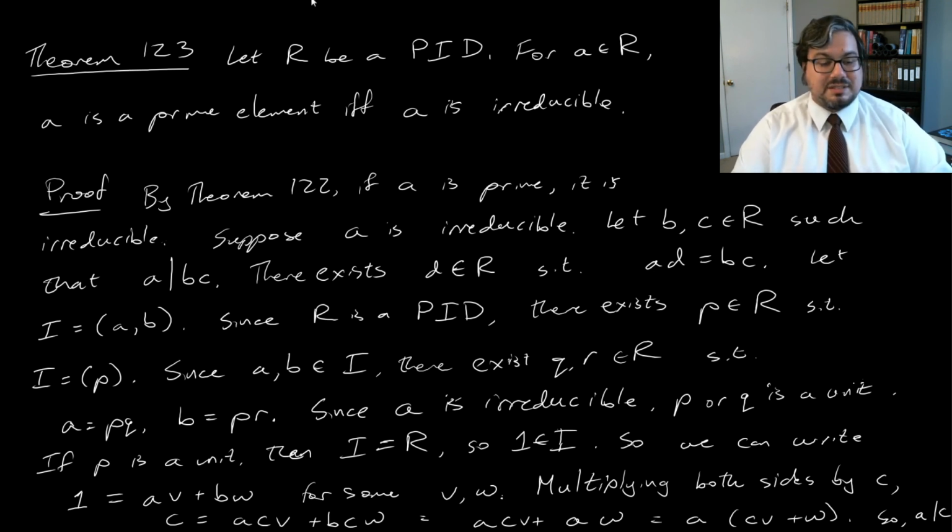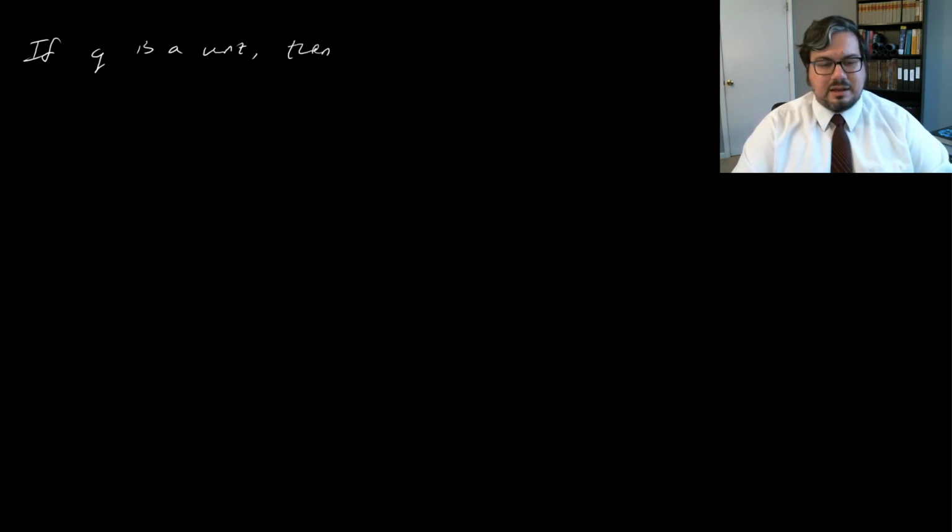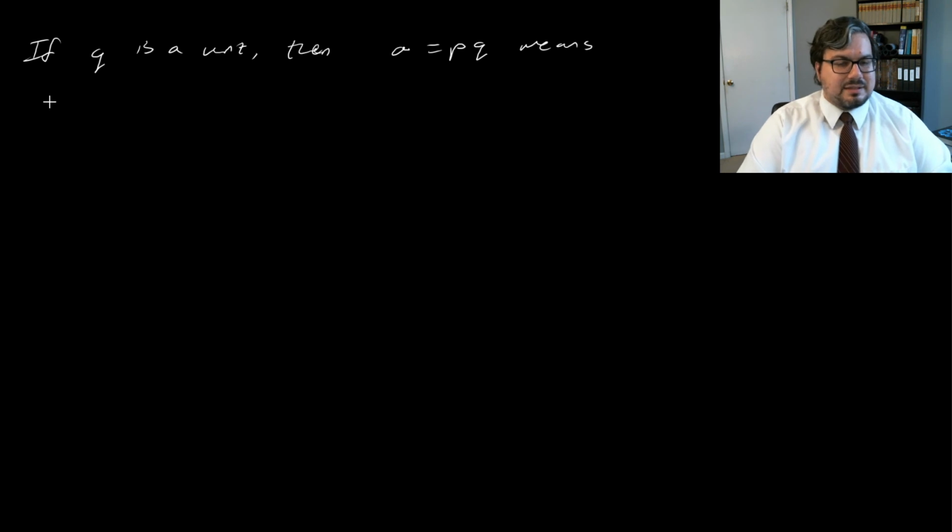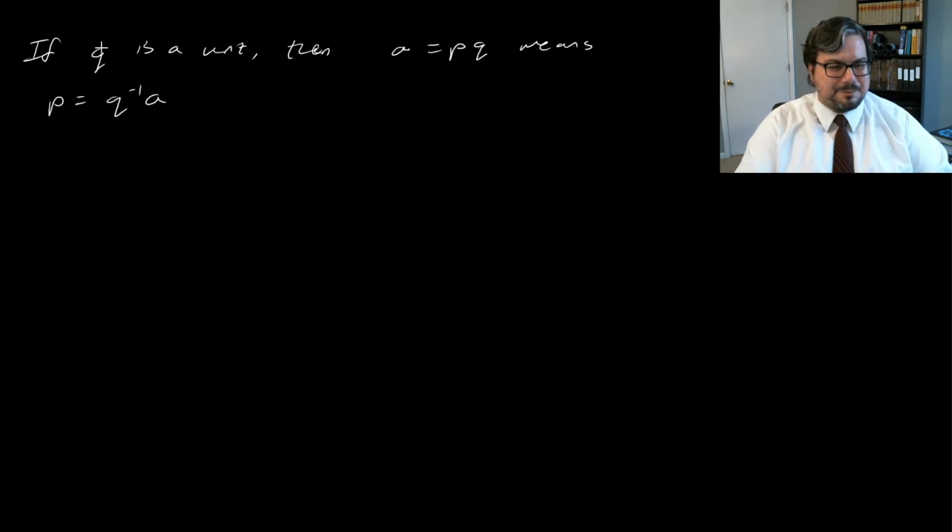So let's see what happens if Q is a unit. Now, if Q is a unit, then the fact that we have that A is equal to PQ means that P is equal to Q inverse times A, because Q is a unit, we can do that.